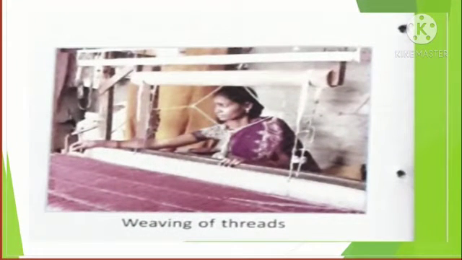The picture shown here is the common sight of Panipat city. A lady is operating a loom. What is a loom? A loom is the setup in which the long threads can be converted into cloth.